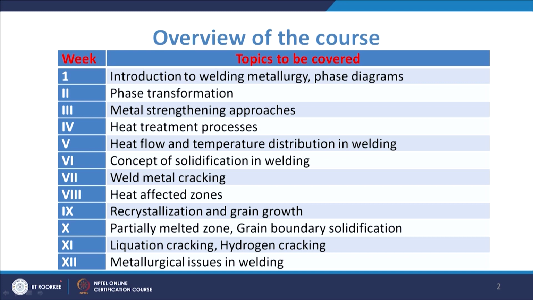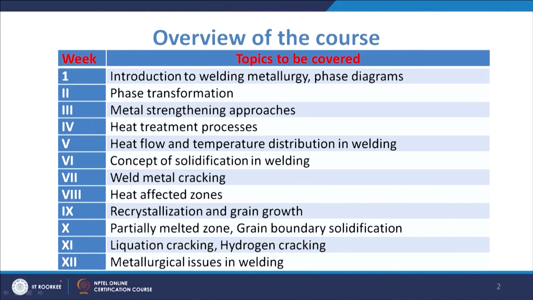Then you have phase transformation. You might already have introductory knowledge about phase transformation. We will talk about the phase transformation processes. Metal strengthening approaches is another topic, where we will talk about the different approaches to strengthen metals and alloys.